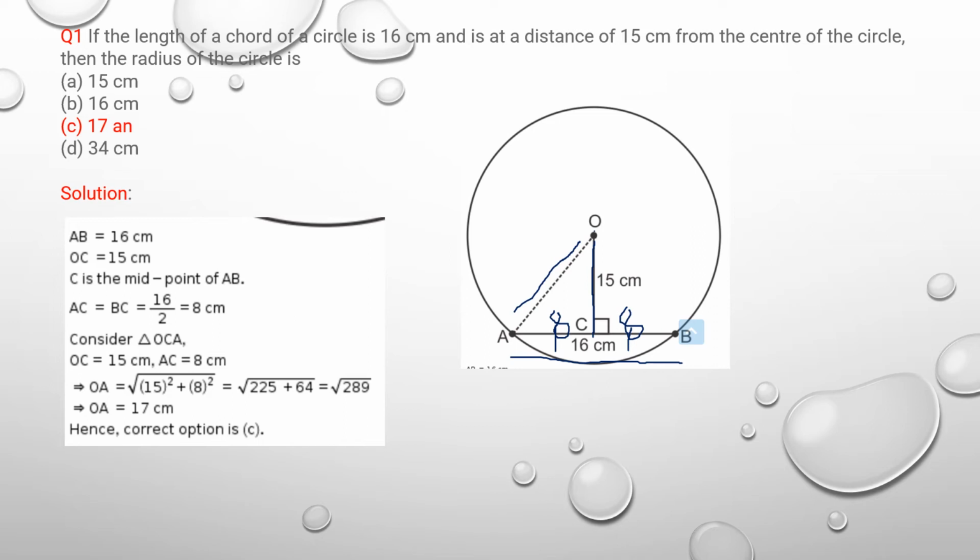So we can apply Pythagoras theorem. Applying Pythagoras theorem, hypotenuse square is equal to base square plus perpendicular square. So OA will be equal to under root of 15 square plus 8 square, that is 17 centimeter. So correct option is 17 centimeter.